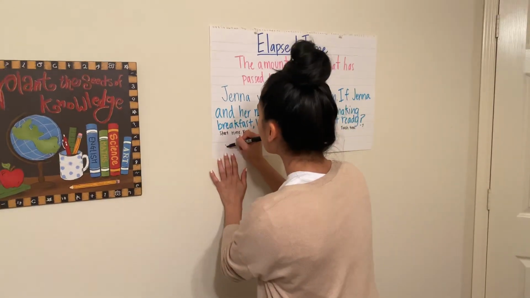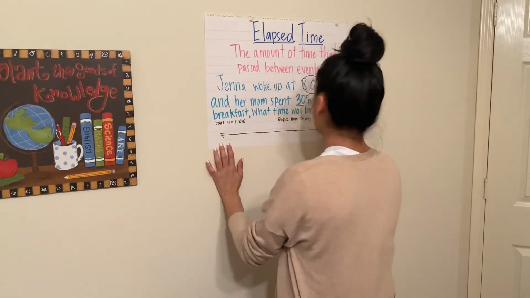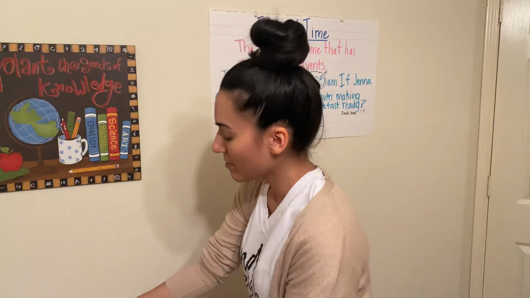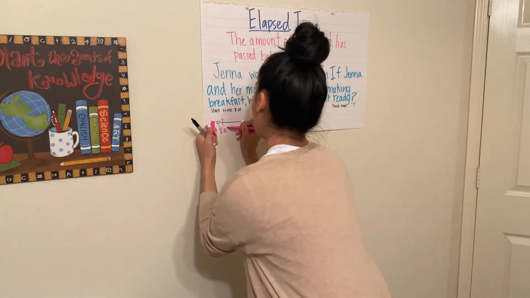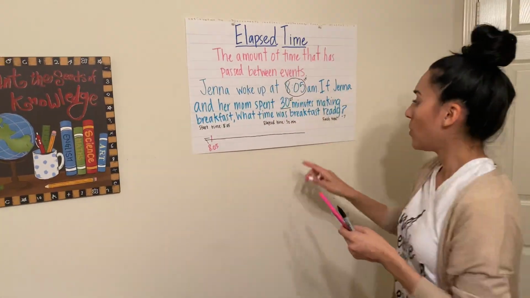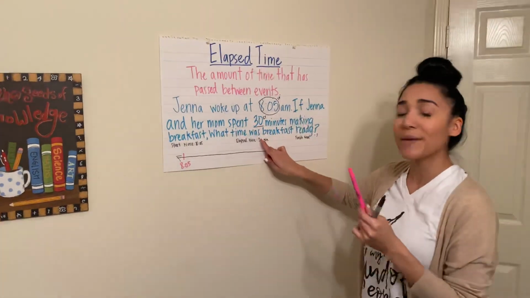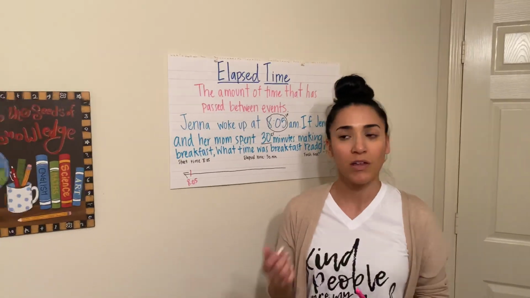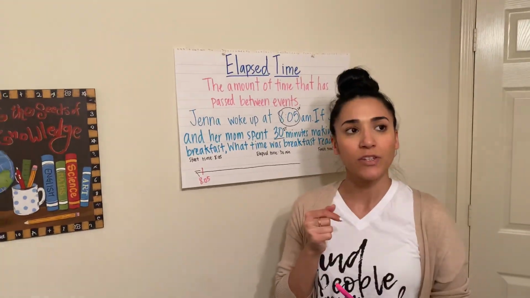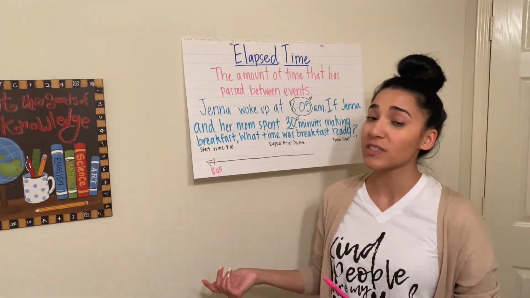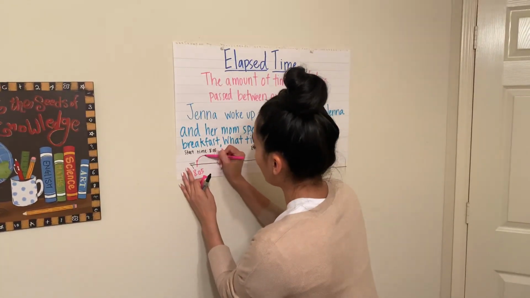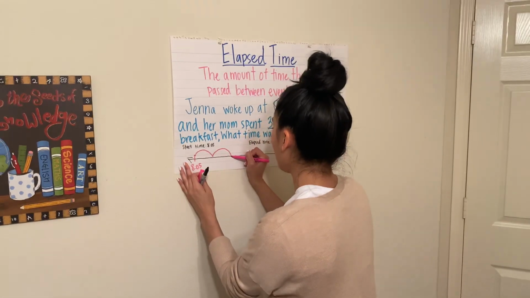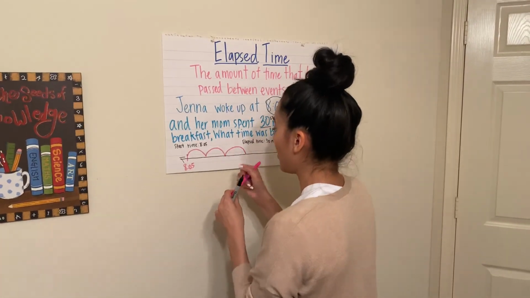So my number line is going to start here, and it's going to start with our start time. I know that it took her 30 minutes. Well, you know what I can do? I can jump by tens, and hopefully this is familiar to using the number line for you all. 10, 20, 30.